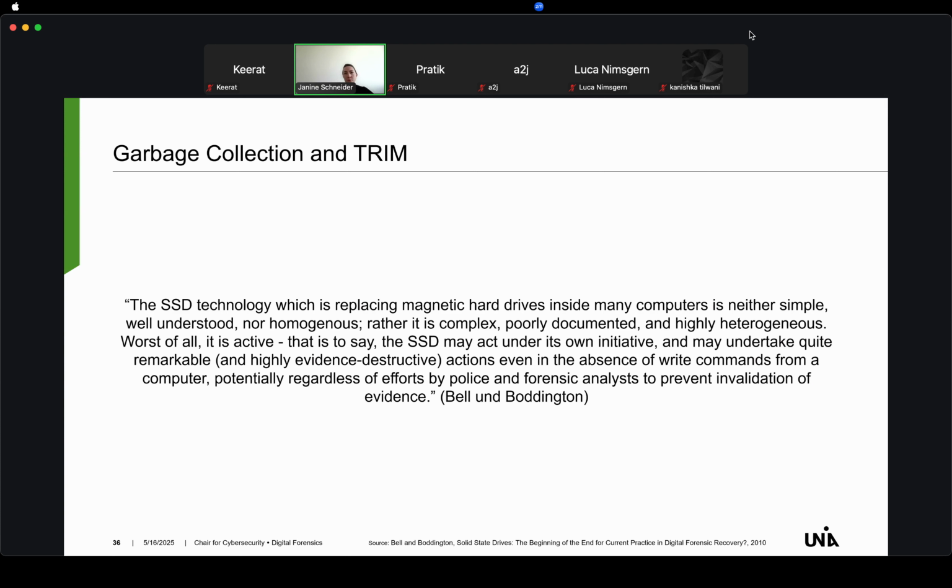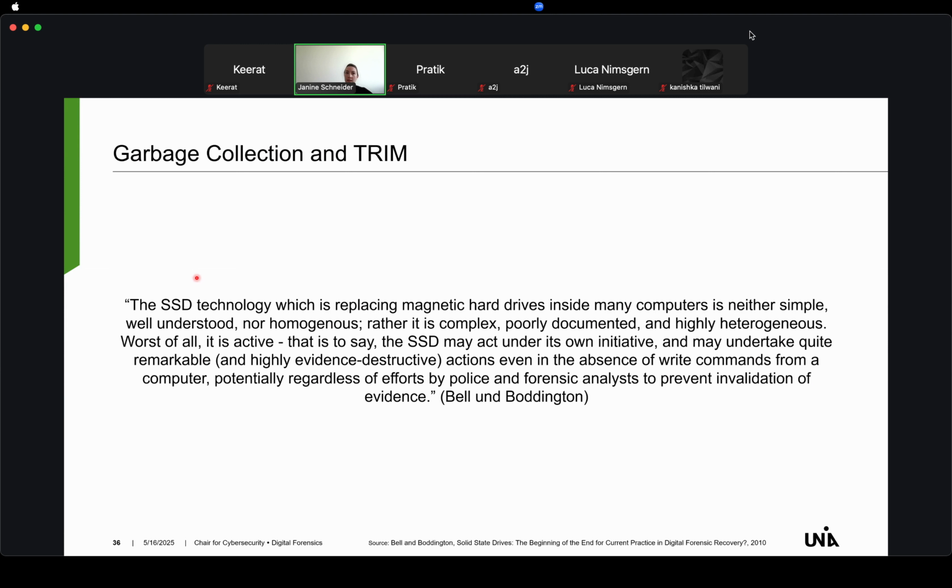So Bell and Boddington said something about garbage collection and trim. They said the SSD technology, which is replacing magnetic hard drives inside many computers, is neither simple, well understood, nor homogeneous. Rather, it is complex, poorly documented, and highly heterogeneous. Worst of all, it is active.